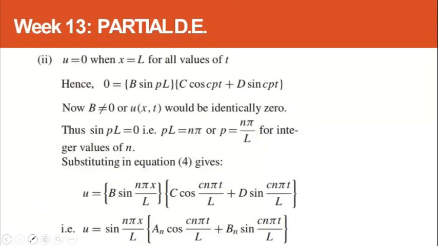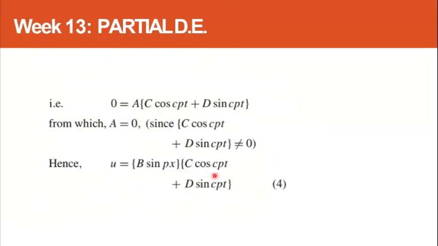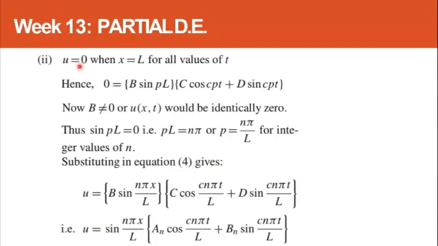Our formula for equation 4 is this. Since we have x in B sine PX, we will just substitute the value of x with L. Since it says here that we have the value of u as 0 and the value of x is equal to L. So this is our earlier u, which is now 0, and this is our x, which is now equivalent to L.